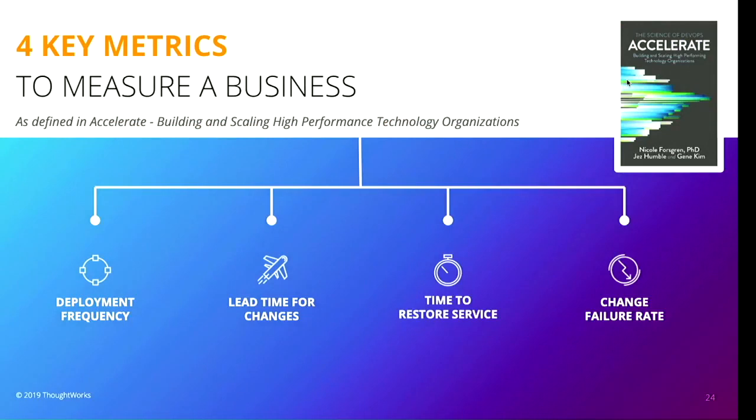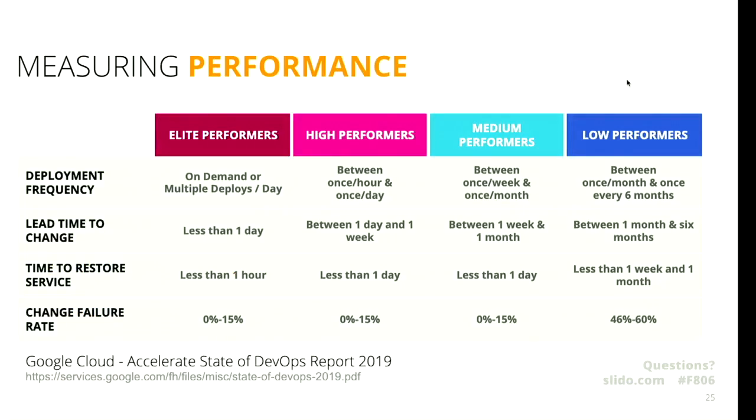And there was a research done. I'd recommend this book. It's called Accelerate: Building and Scaling High-Performance Technology Organizations. And they measured these 4 key metrics: the deployment frequency, the lead time to get changes from development into production, the time to restore a service when it goes down, but also how often your software breaks. And it's really interesting. I'm just going to tell you how the elite performers are doing out there.